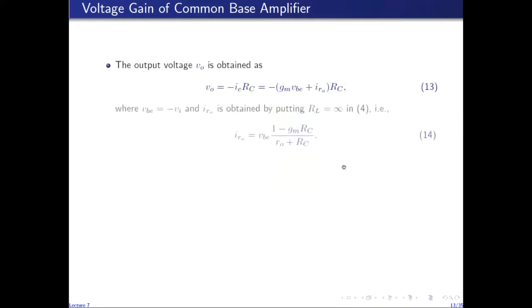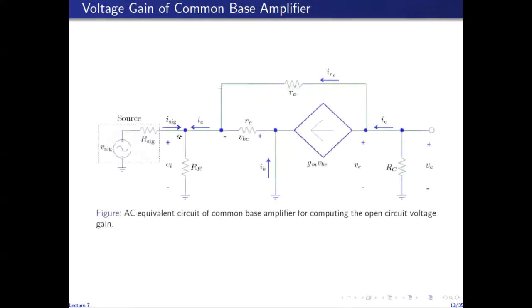So putting RL to infinity in the actual expression for IR naught, I get the IR naught for this circuit in which RL is infinity. And as discussed earlier, VBE is equal to minus VI, because VI is the voltage of emitter with respect to ground and VBE is the voltage of ground with respect to emitter.